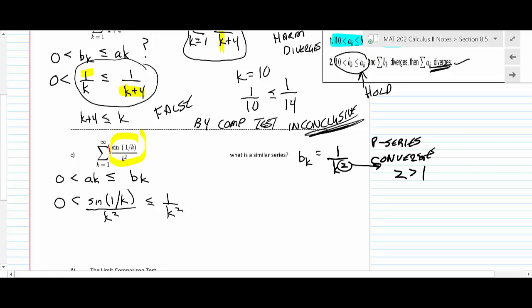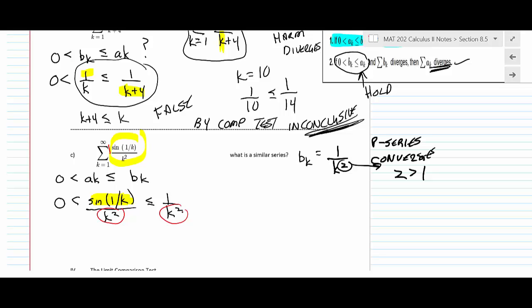Let's think about whether this would be true or not. You can do this in your head, but notice that the denominators are the same, right? What do you know about the graph of a sine of anything?